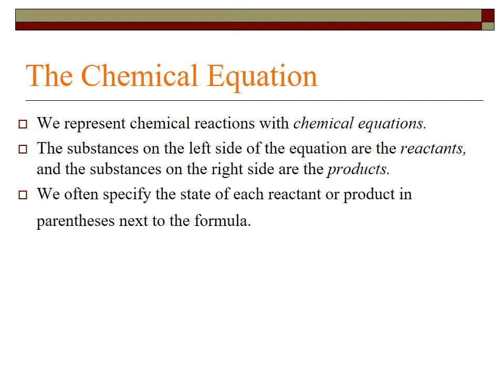We represent chemical reactions with chemical equations. The substances on the left side of the equation are the reactants, and the substances on the right side are the products. We often specify the state of each reactant or product in parentheses next to the formula.